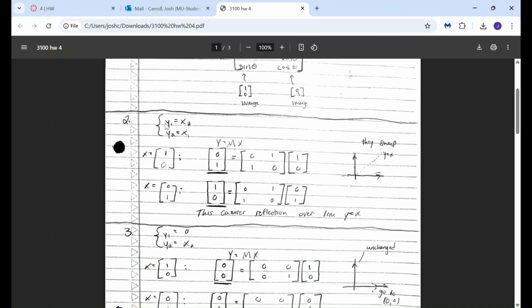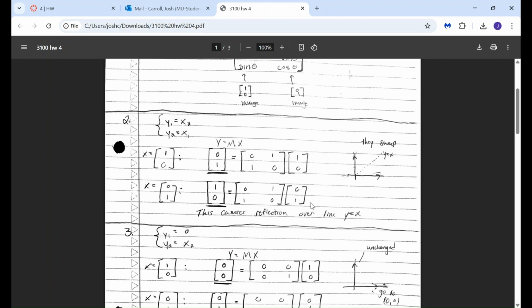The next one, we are given these two equations: y1 equals 0x1 plus 1x2, y2 equals 1x1 plus 0x2. Well, let me just start from the beginning. We are asked to use these x's, so there's our x for this one, there's our x for this one, and then we get these corresponding y values if you just multiply these in a calculator.